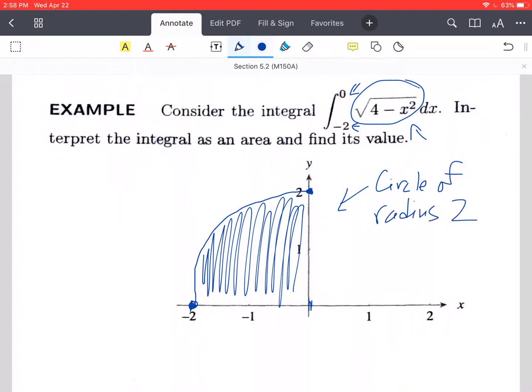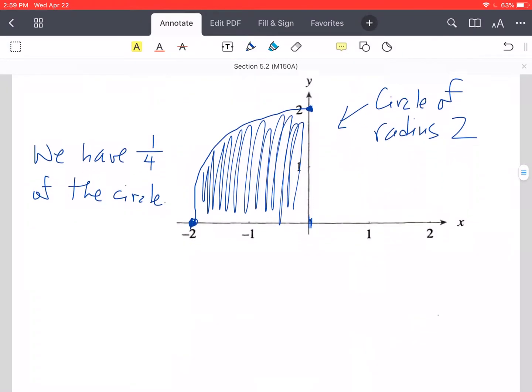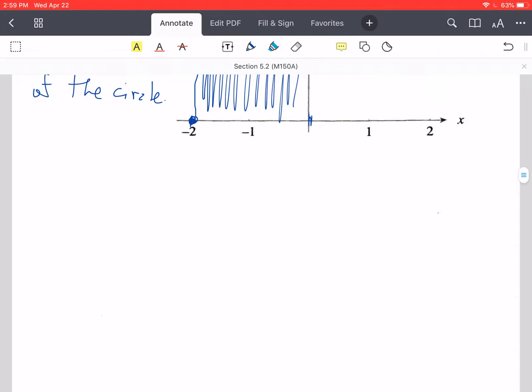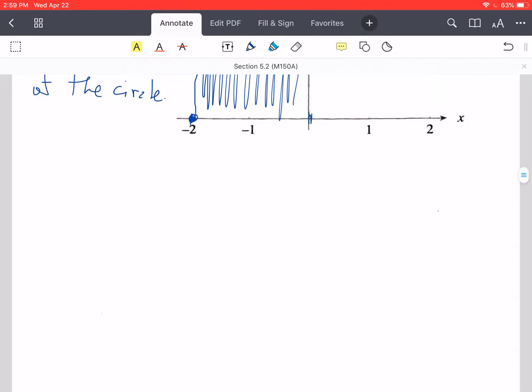But this piece isn't the whole circle, it's actually just 1/4 of the circle, right? So we have 1/4 of the circle. So, to get the area, all we need to do is get 1/4 of the area of the circle.